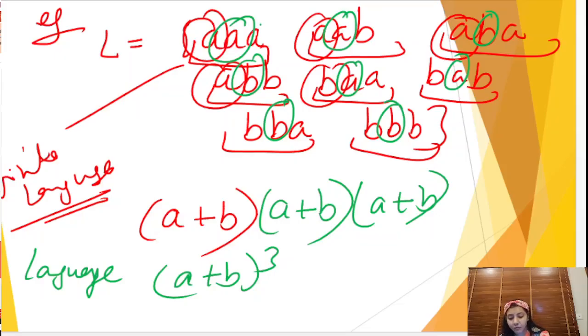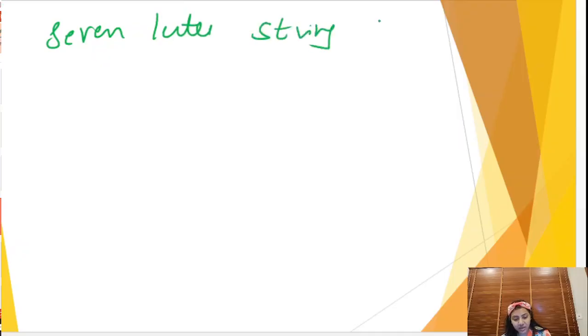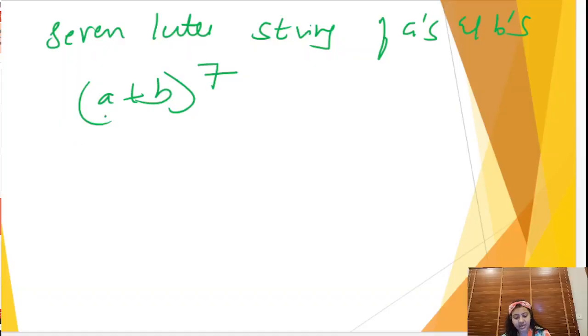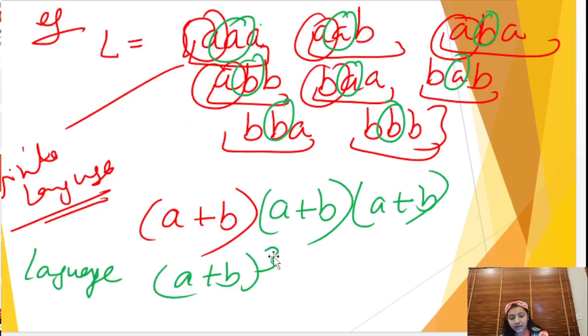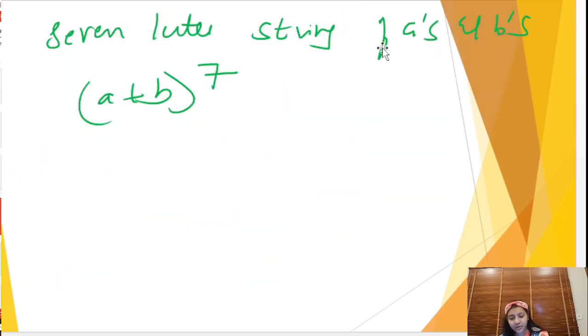Similarly, if I have to form a 7-letter string of A's and B's, this was a 3-letter string, so what will it be? It can be represented like this, right? So this was for a fixed number. Here it is of length 3, here it is of length 7.